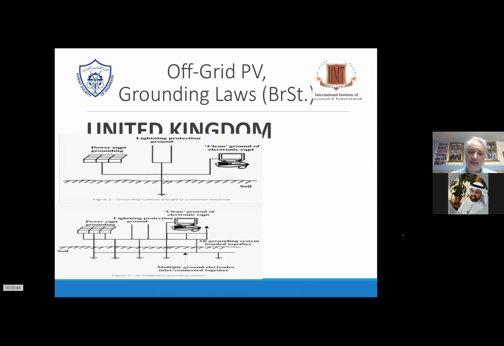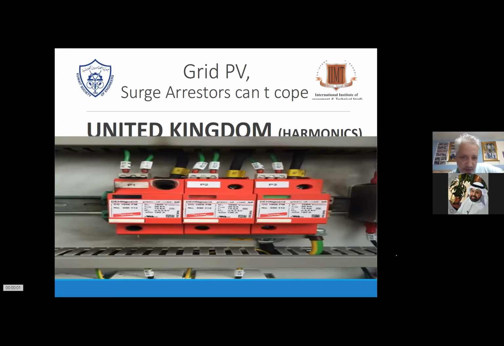If not, you will face sometimes severe data logging problems and SPD failures, which I had in some installations. You can see here, for example, this is built in one of the central grid inverters, burned out surge arresters, because the inverter grounding had nothing to do with the field.